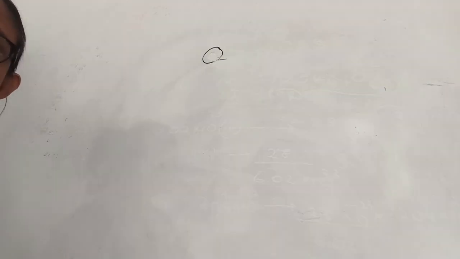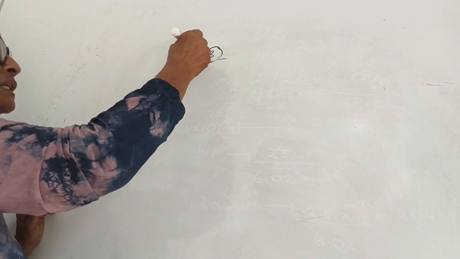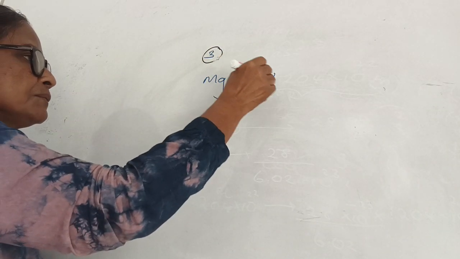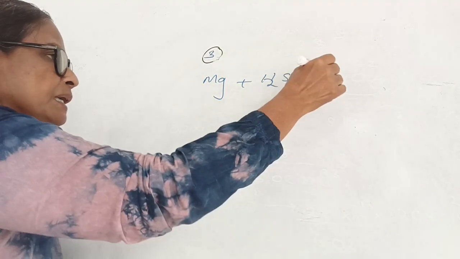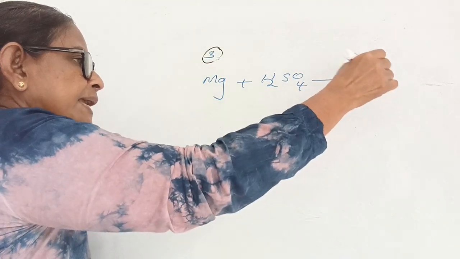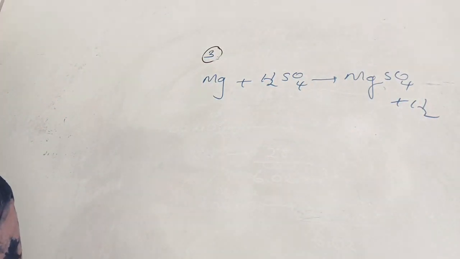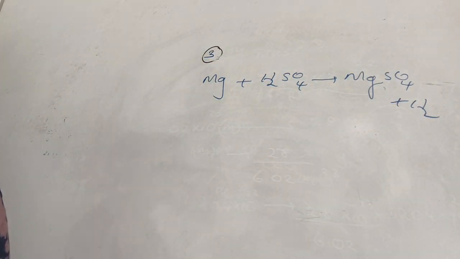Moving on to the third question, they give you the equation: magnesium oxide and sulfuric acid producing magnesium sulfate and hydrogen gas. It asks you to find the ionic equation and gives you the state symbols.